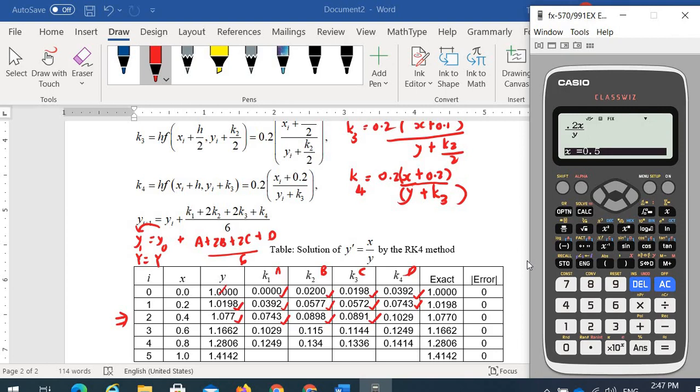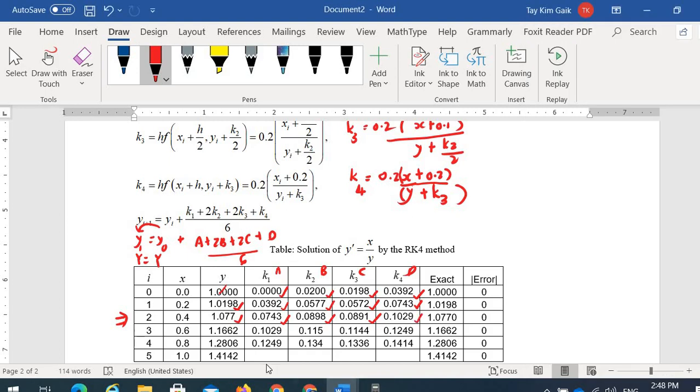K4 is X plus H, so 0.4 plus 0.2 you get 0.6. And Y is actually Y plus K3, so 1.077 plus the current K3 value 0.0891. Equal one more time, change to floating point, and you get 0.1029.